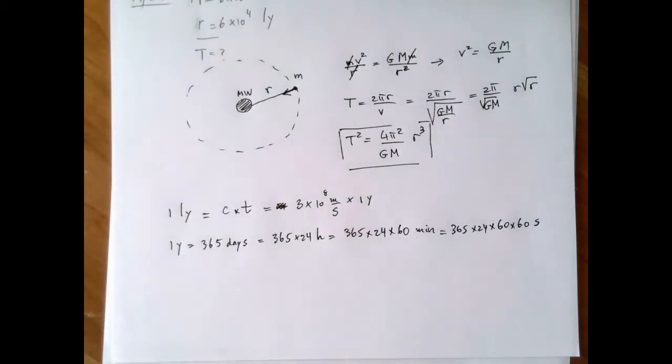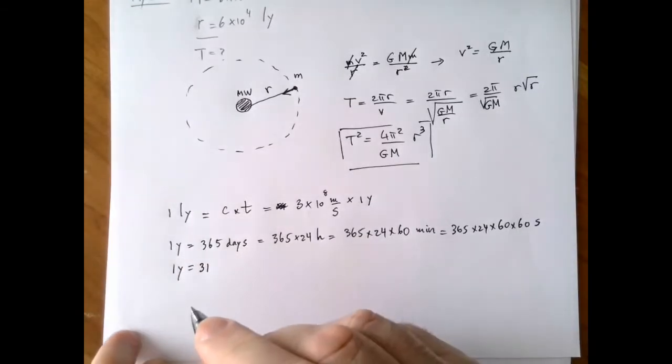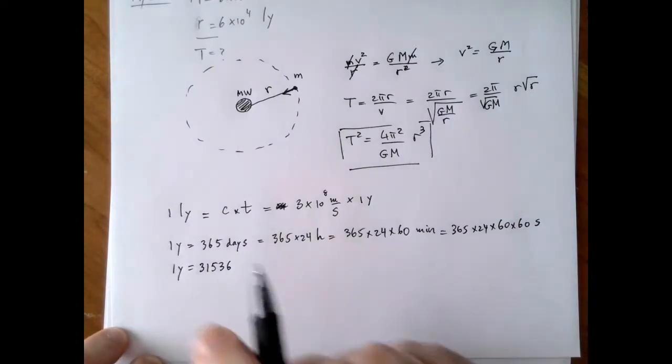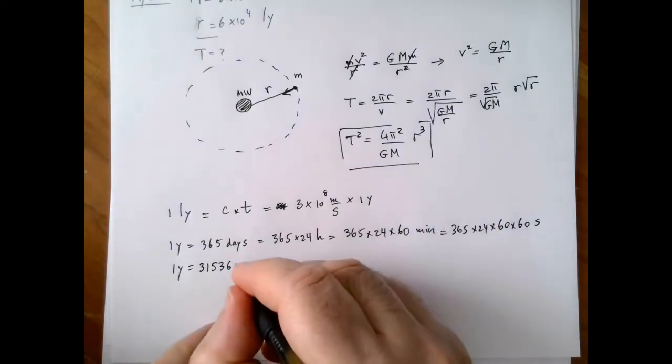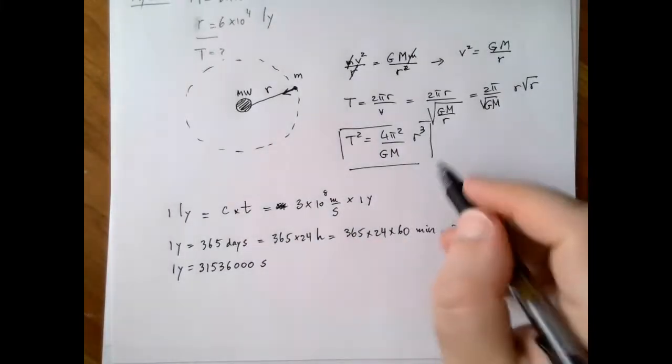So if we put all these numbers in a calculator, we end up with 1 year being 31,536,000 seconds. Of course, we can also Google this if we want, right?